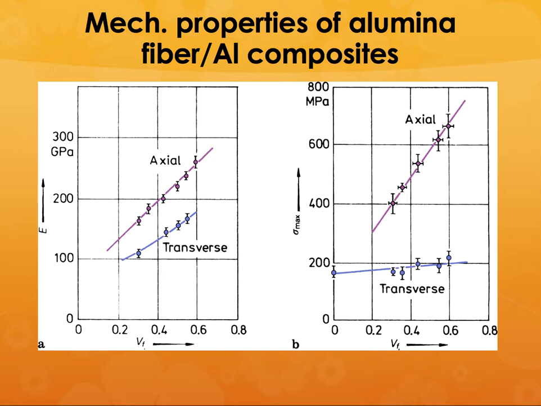So you can see that 60% is probably the maximum, especially for continuous fiber reinforced composite, that you can have. So you can see that you can have as much as 100% or more increase in elastic stiffness when you go from 20% to 60%.